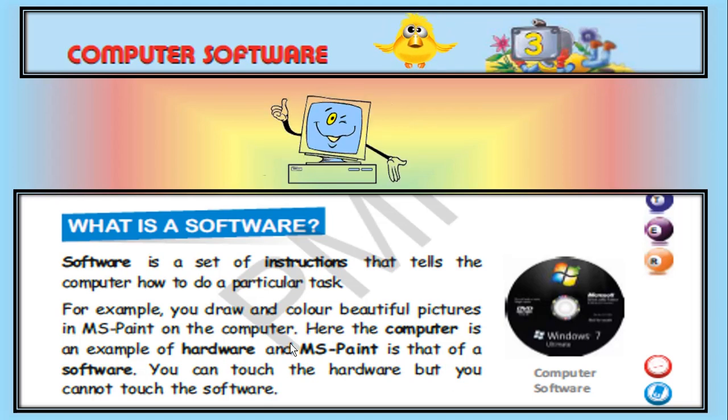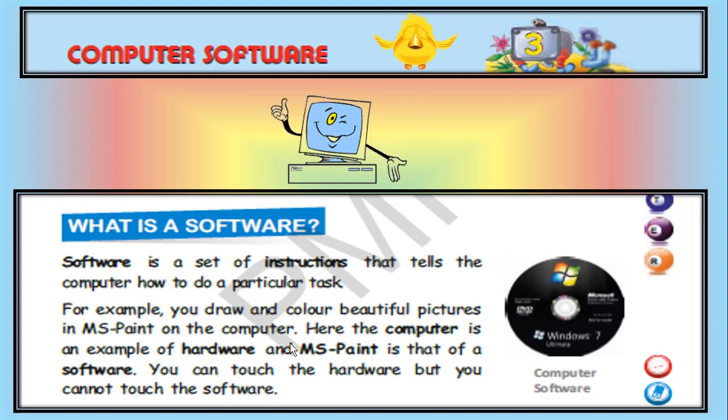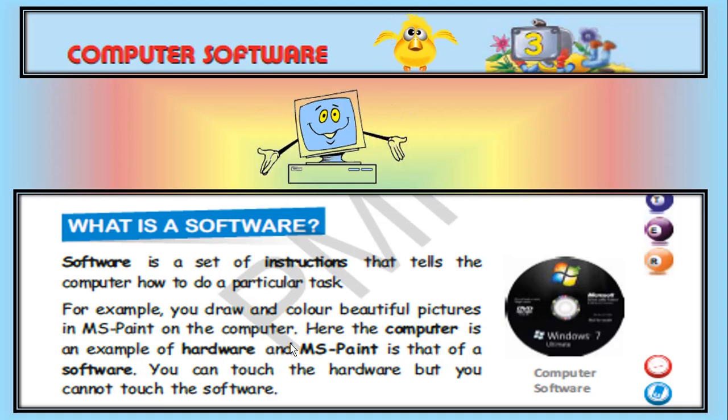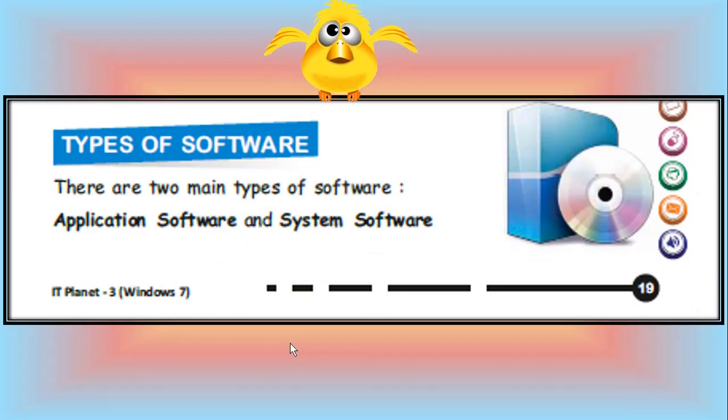Here, the computer is an example of hardware and MS Paint is that of a software. You can touch the hardware, but you cannot touch the software. Types of software. There are two main types of software, application software and system software.